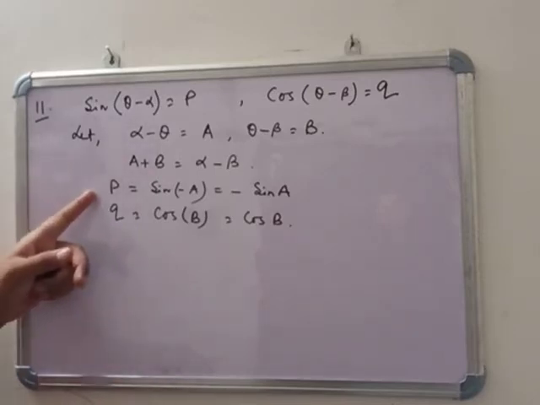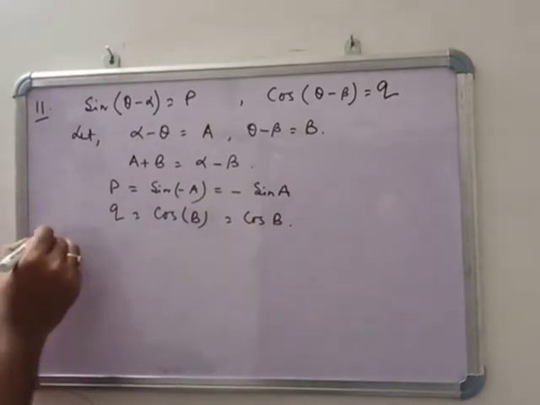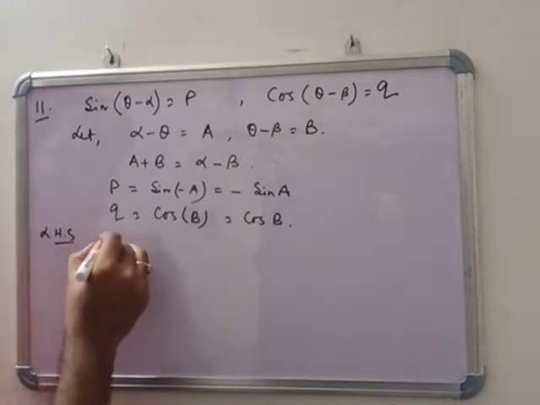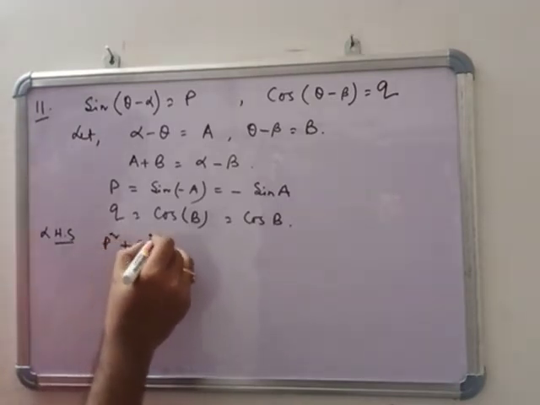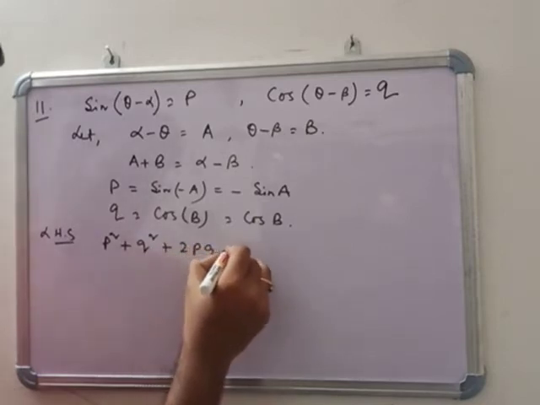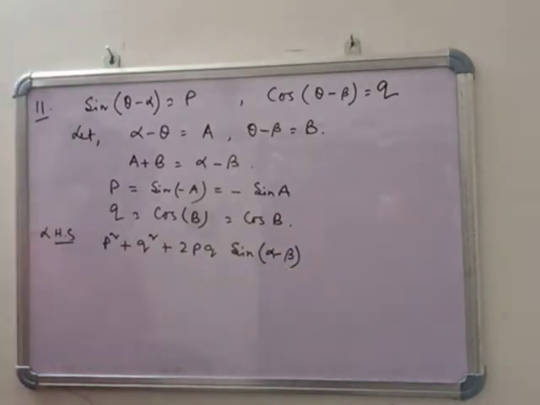So P means here theta minus alpha, and Q means there is cos of theta minus beta. So if we put the value over there, plus 2PQ into sine of alpha minus beta. So alpha minus beta, so that means this is sine alpha minus beta.